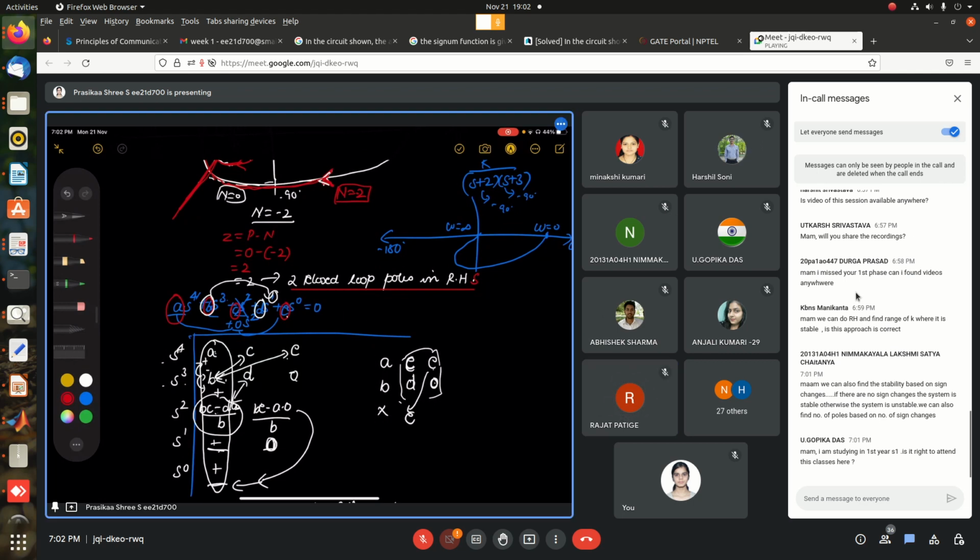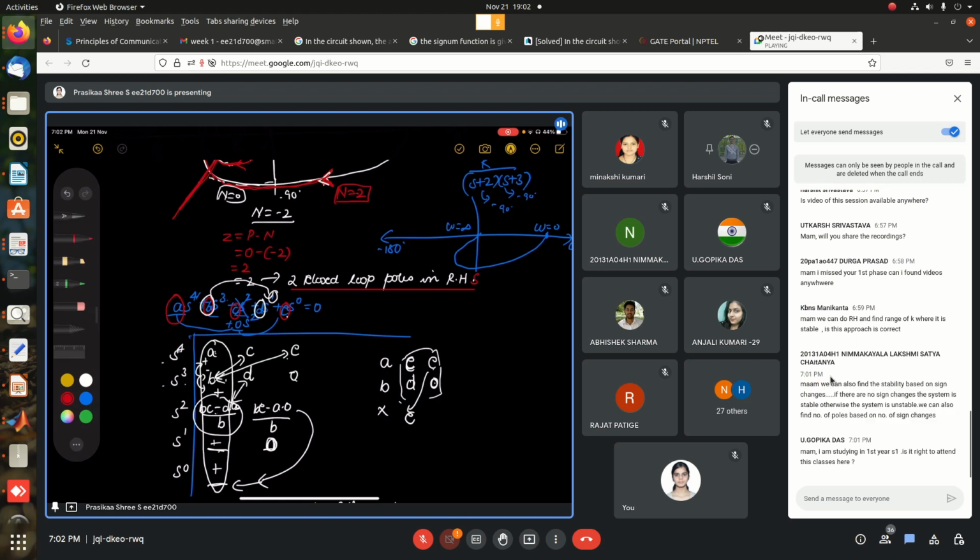Yeah, good. So, ma'am, we can also find the stability based on sign changes. If there are no sign changes, the system is stable; otherwise, the system is unstable. We can also find the number of poles based on the number of sign changes.